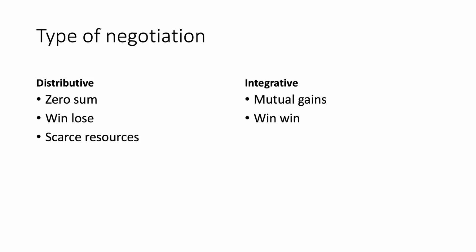We are talking about scarce resources. This is in contrast to the type of negotiation that we did later on in our time together, where there was a potential for mutual gains, for win-win solutions, for creativity, for expanding the pie. Okay, so this is a very basic definition of distributive versus integrative negotiations.